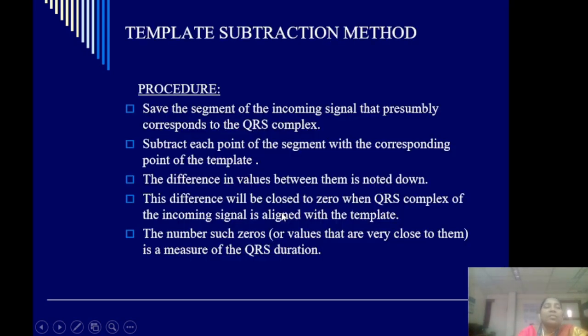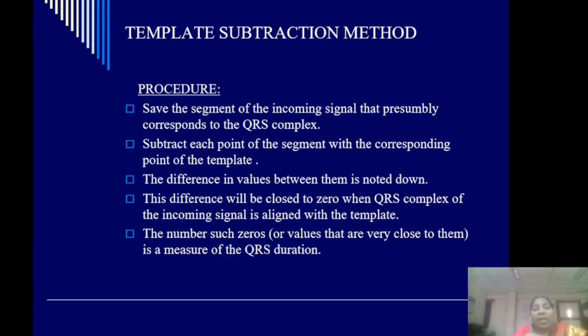The next method is the template subtraction method. The difference between the template cross correlation method and the template subtraction method is that in cross correlation we place the template over the signal and perform cross correlation, whereas in template subtraction we subtract from the signal. That means we place the QRS template over the signal, subtract each point, and find the difference in value.